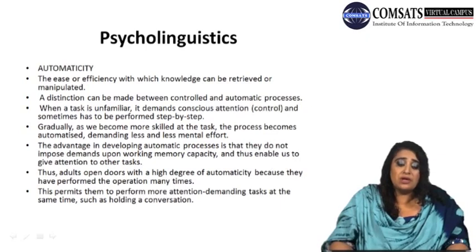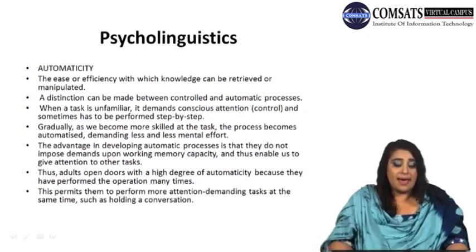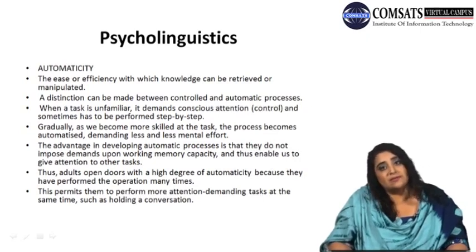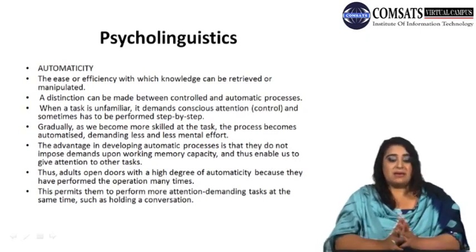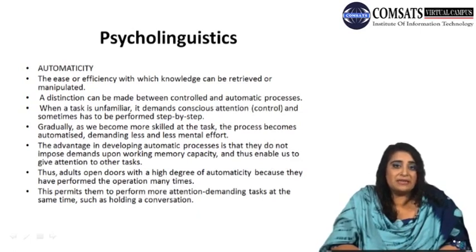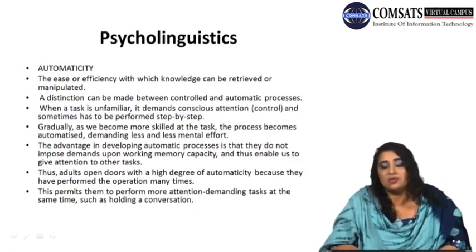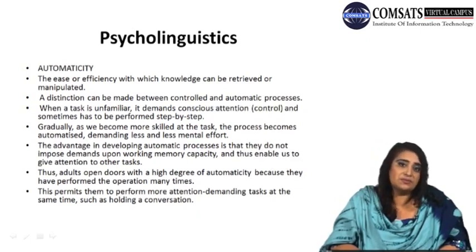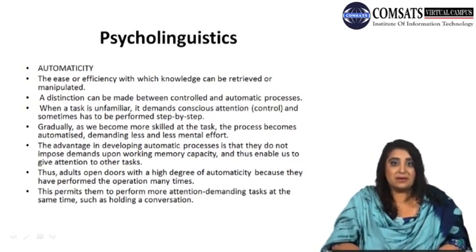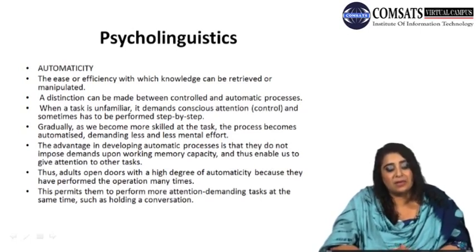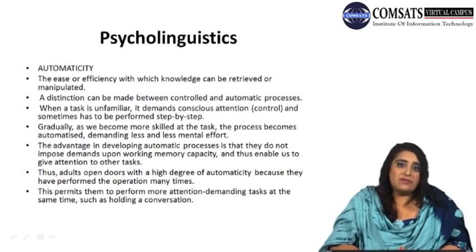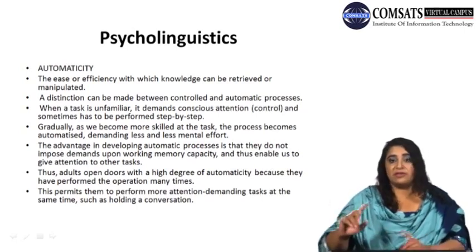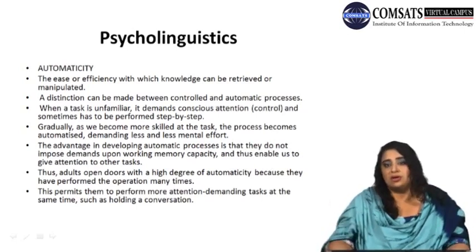Now, this permits them to perform more attention-demanding tasks at the same time, such as holding a conversation. Like for us, paying attention to a conversation while doing something else as an adult would be much easier than for a child. We would have to put less mental effort into it, especially when we are having a conversation. We can have a conversation while we are working, let's say, on a computer.